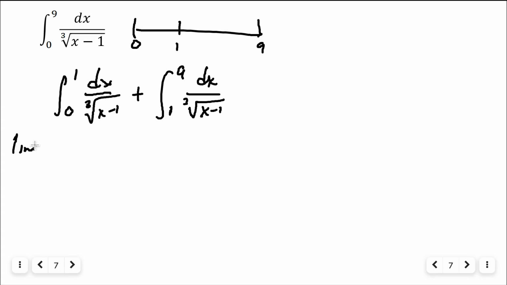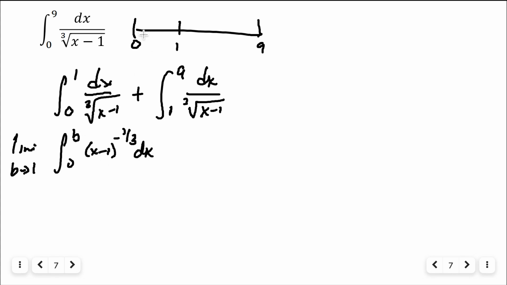So we're going to need the limit then as b goes to 1 from 0 to b. Let's bring it up, I think. Save ourselves a step. It's going to be x minus 1 to the negative 1/3 dx.